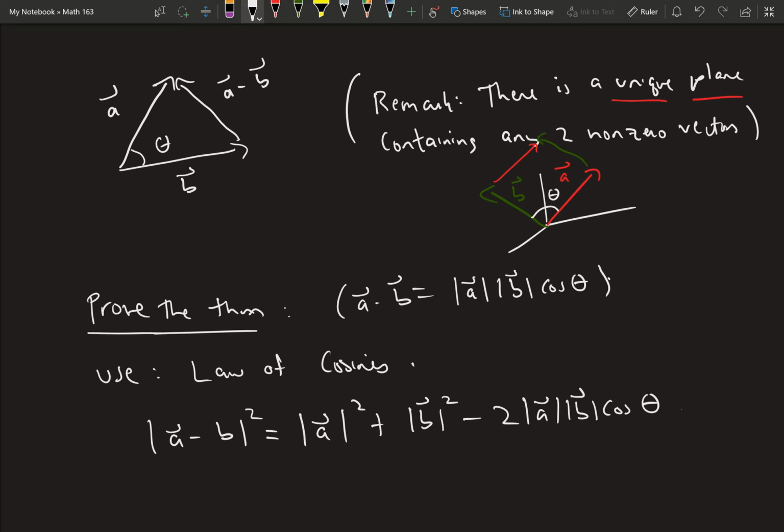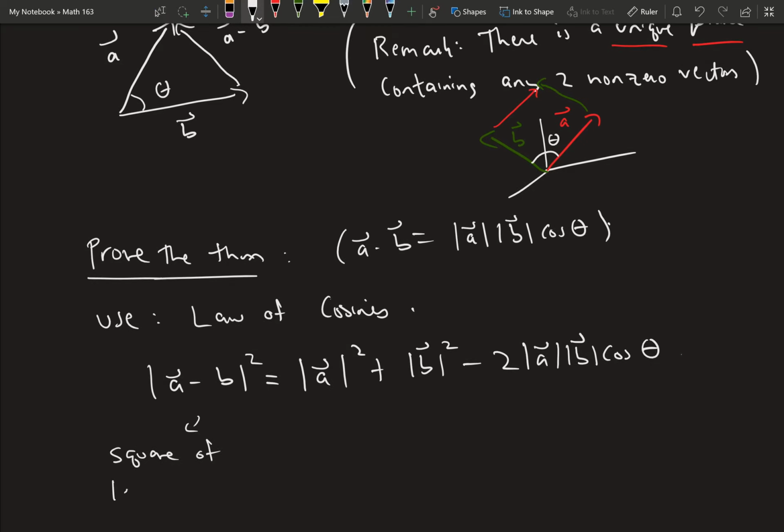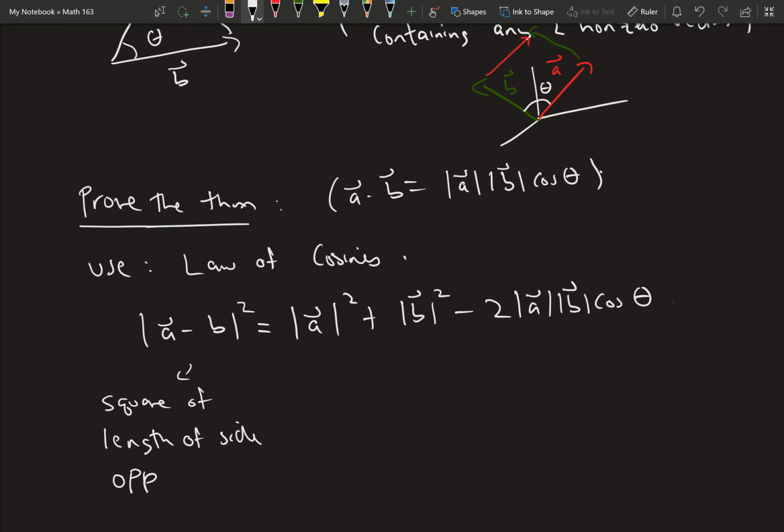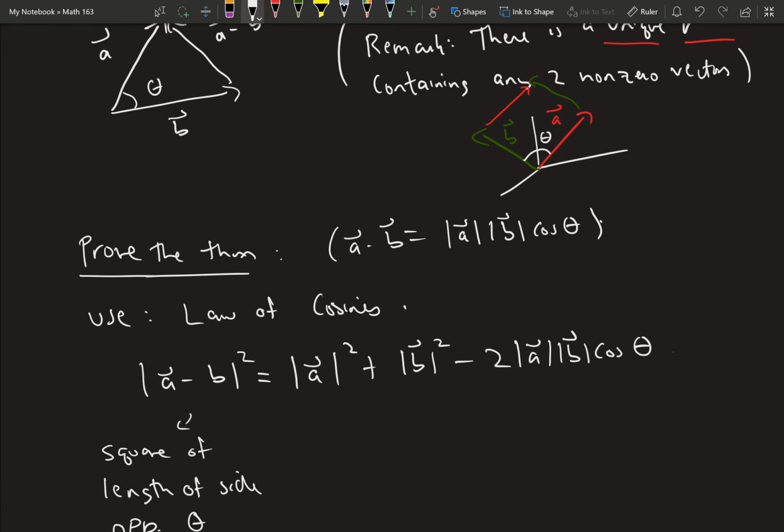This is the law of cosines: the square of the length of the side opposite theta is equal to the sum of the squares of the other two sides minus 2 times AB cosine of theta.